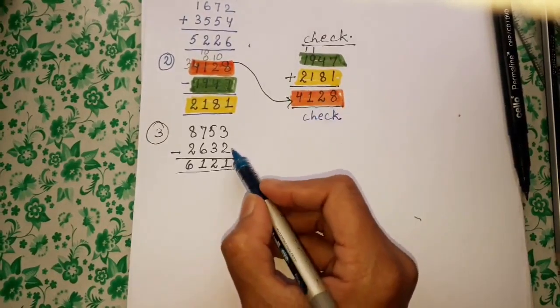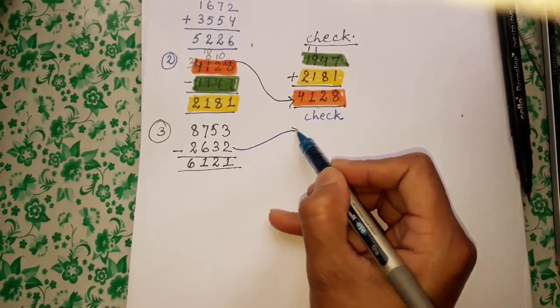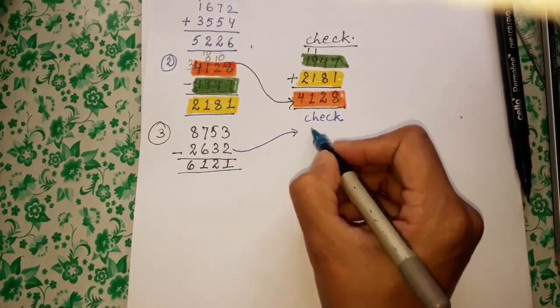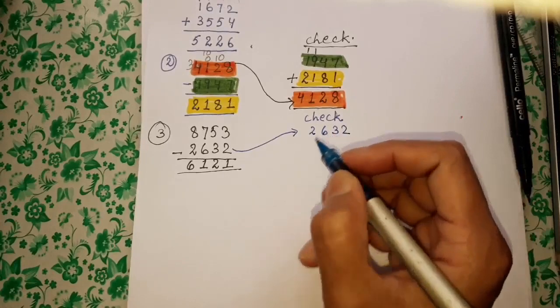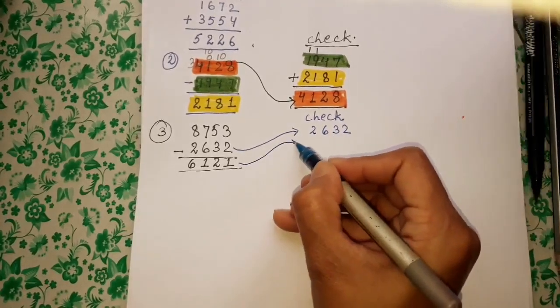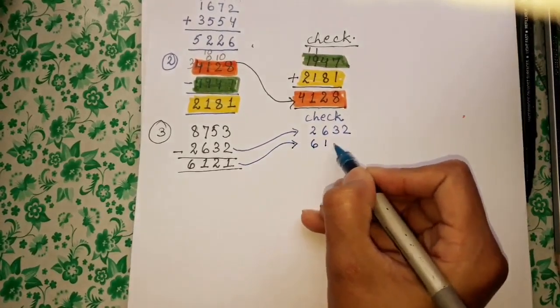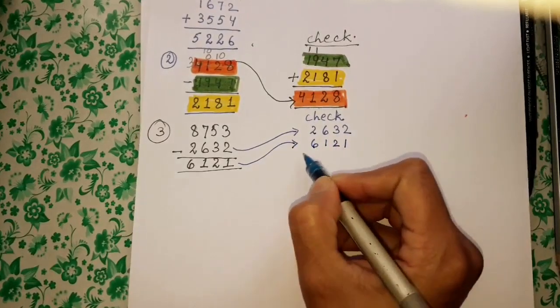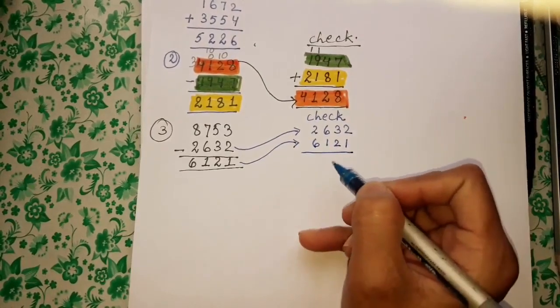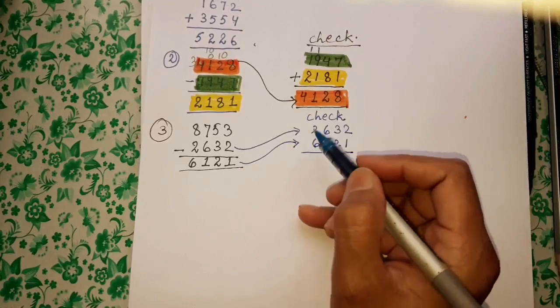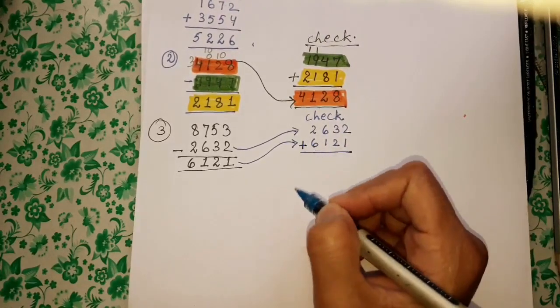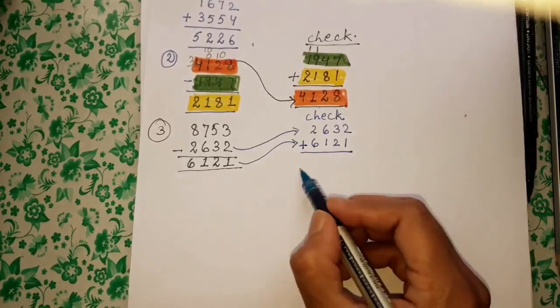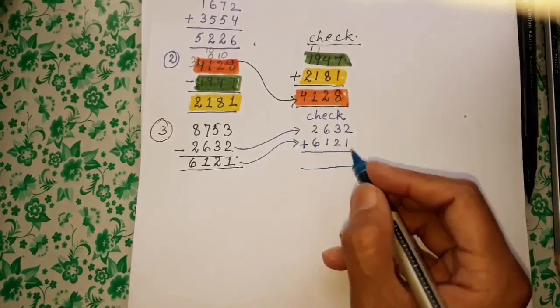First, write your subtrahend. What is our subtrahend? 2632. And what is our difference? 6121. And by which method can we check our subtraction? By doing addition. Now, what do we get here?